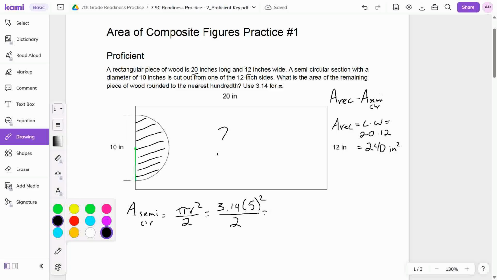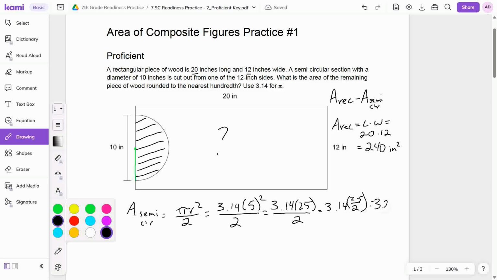I'm going to go ahead and just simplify 3.14 and 25 over 2. And then I just want to take half of 25 over 2, which is going to be 12.5, right?